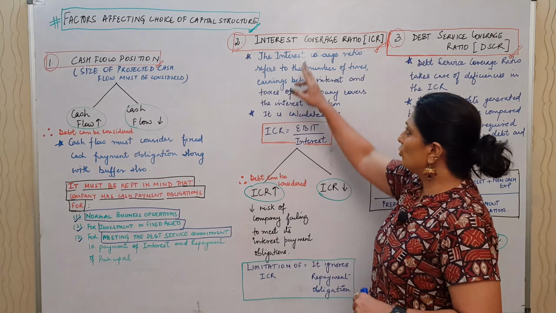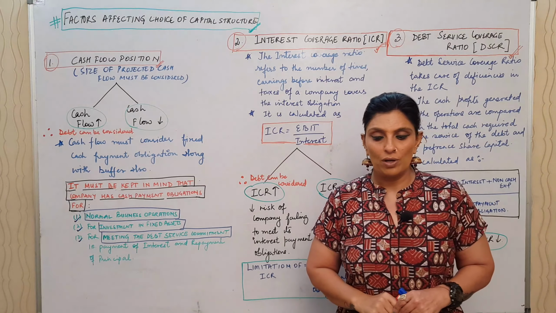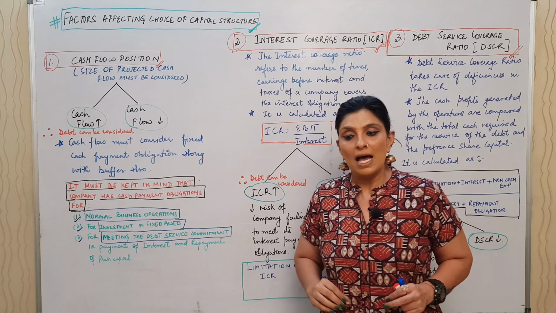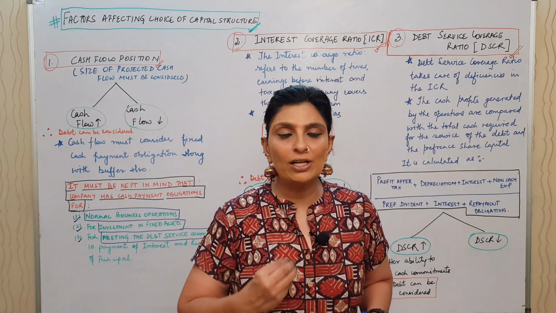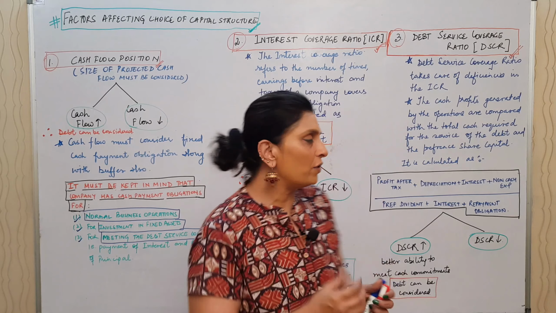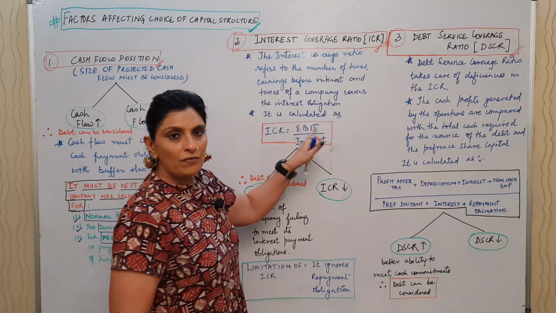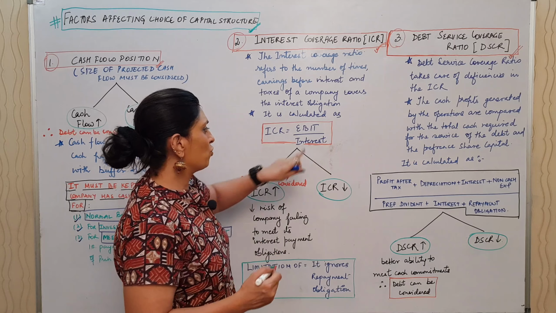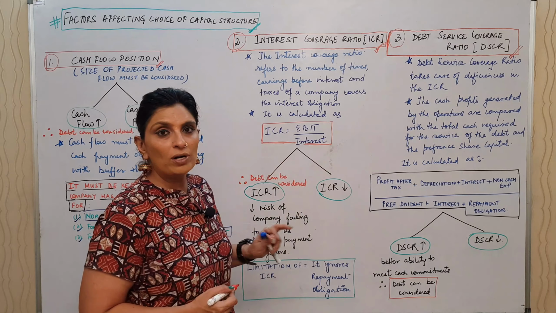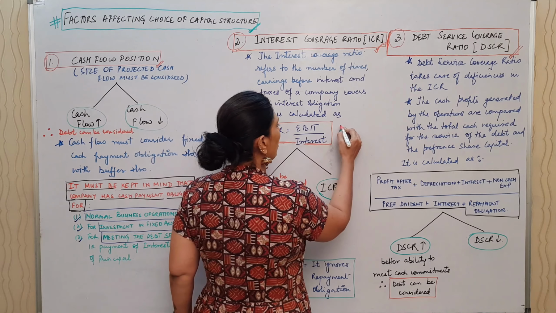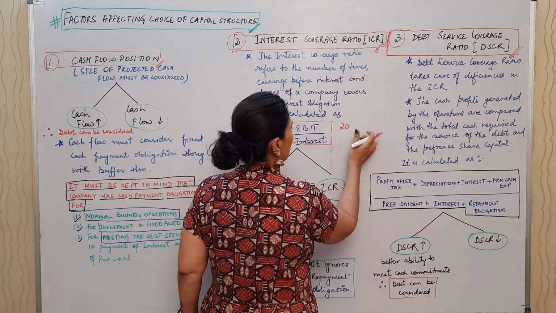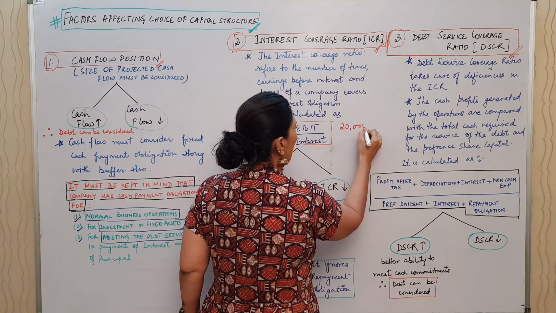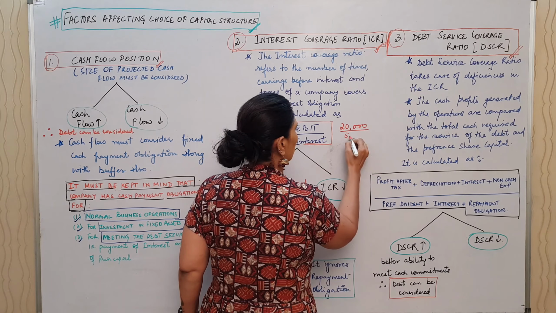The second point we are going to talk about is interest coverage ratio. Interest coverage ratio means how much is your earning, that you can actually cover your interest. I'll give you an example. The formula is earning before interest and taxes upon interest. Suppose your earning before interest and taxes is 20,000 and your interest is 5,000.